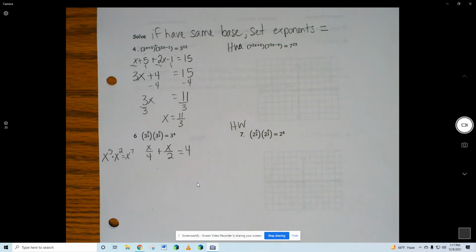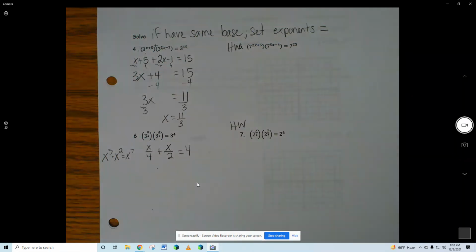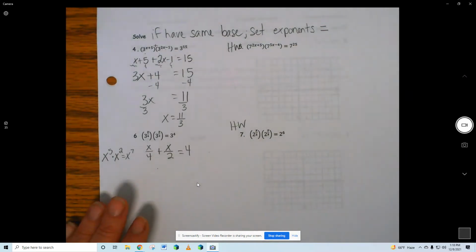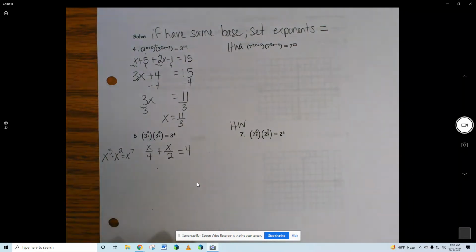It's called the least common multiple. What's the common denominator of 2 and 4? What's the number that they both like? I have to pick the bigger number. You have to pick 4.